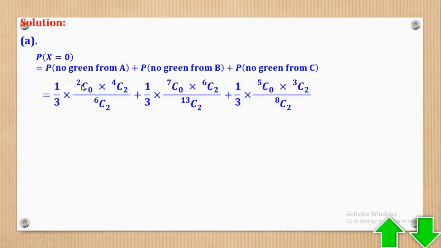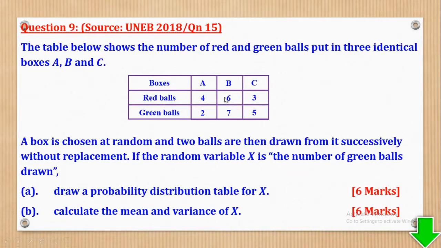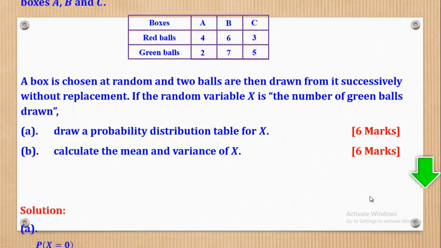But remember, you first pick a bag, therefore picking A is 1 over 3 because there were 3 bags, A, B, and C. Then when I pick B, it will be a third, then picking 2 balls, but I'm picking no green, it means that I'll pick 2 which will be red, therefore it will be 7 combination 0 multiplied by 6 combination 2, and remembering the a third.